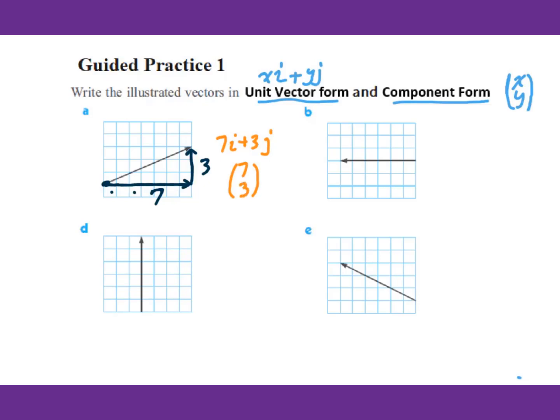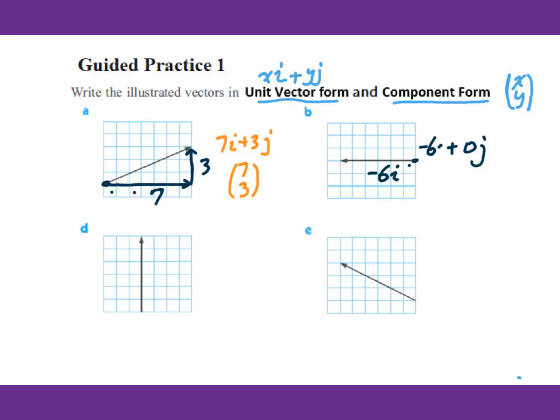For B, we only have a horizontal move, we don't have a vertical move, which means that's 0j. This is the starting point. Move 1, 2, 3, 4, 5, 6, which means negative 6i.